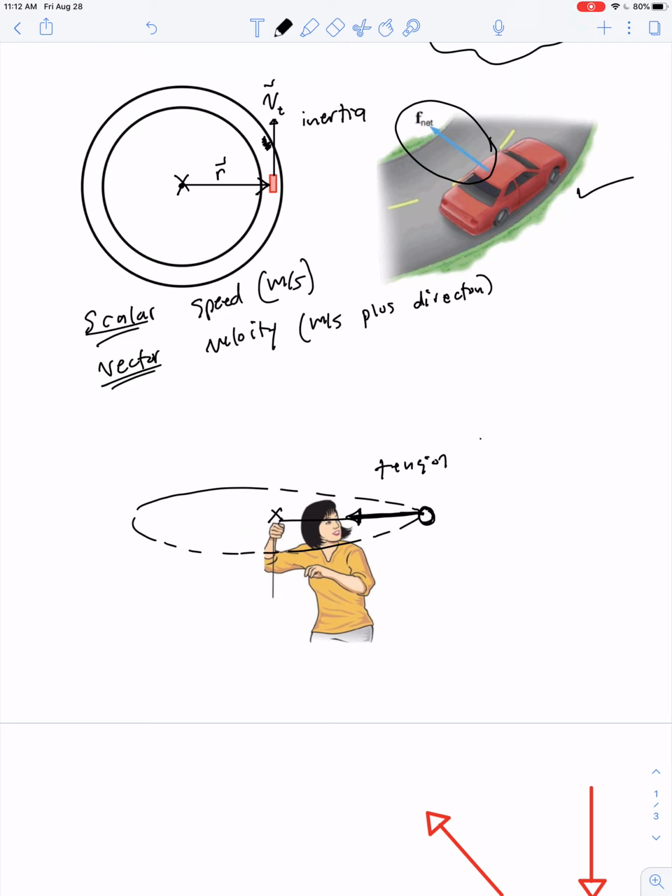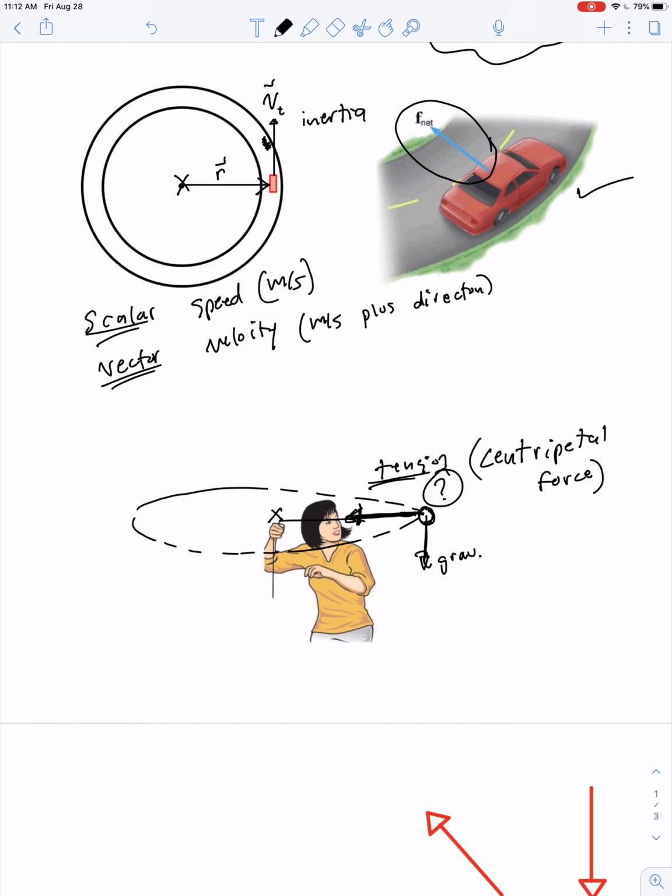So we could refer to that tension as a, not centrifugal, but once again, a center-seeking, a centripetal kind of a force. However, I don't see what could possibly be offsetting the pull of gravity. So I know that the tension would pull inward, gravity would pull downward, but there's nothing left to pull upward.